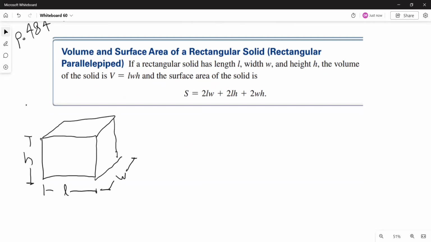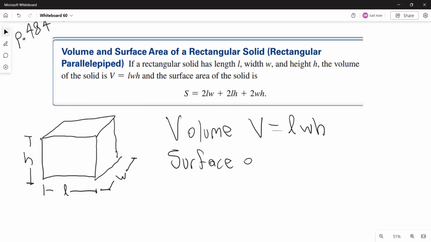So the volume is the product of length times width times height. And the surface area is going to be the sum of the areas of the 6 sides or 6 faces. Front and back, from this perspective, the area of the front and the back is length times height, so we have 2 times that.